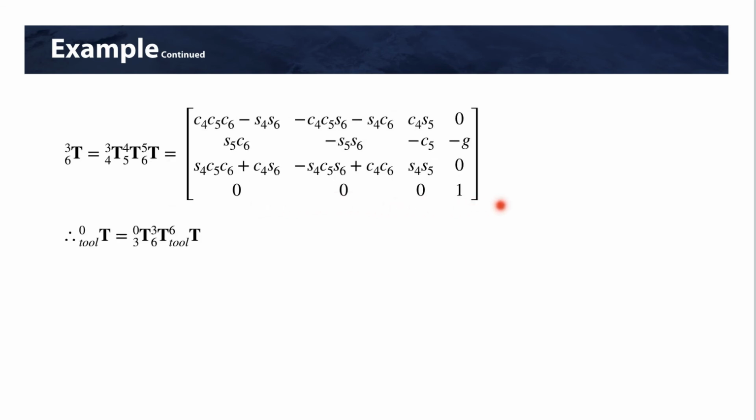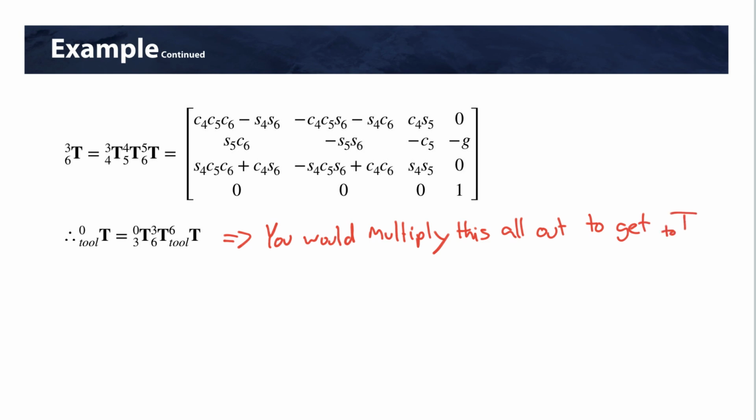We can do the same thing for the wrist joints, so joints 4, 5, and 6. This will be the transform describing frame 6 with respect to frame 3. Lastly, we would multiply this all out in order to get our forward displacement solution, the pose of our end effector with respect to our base frame.